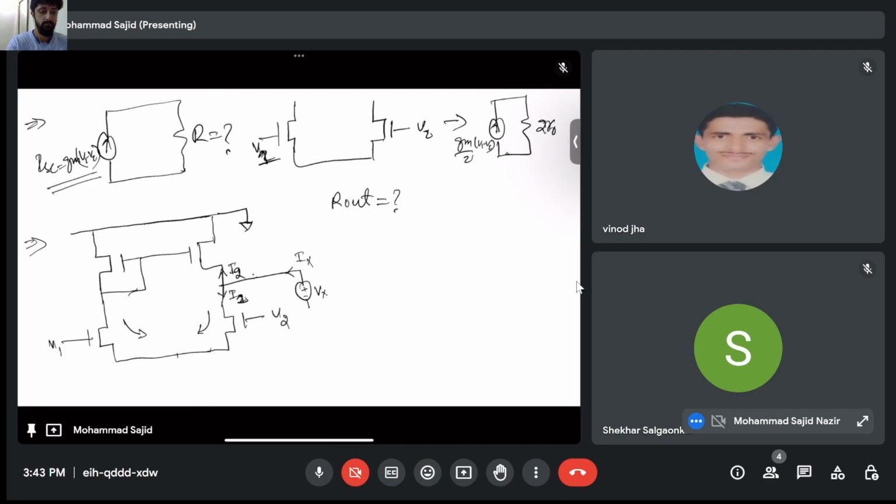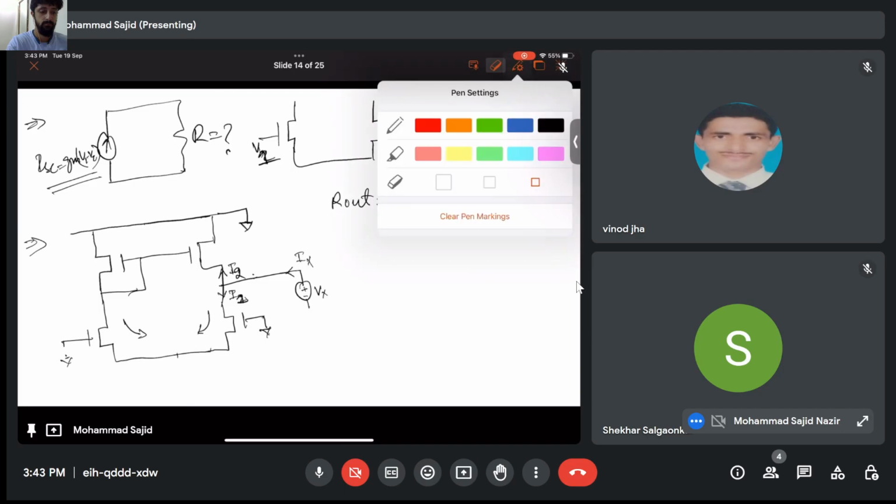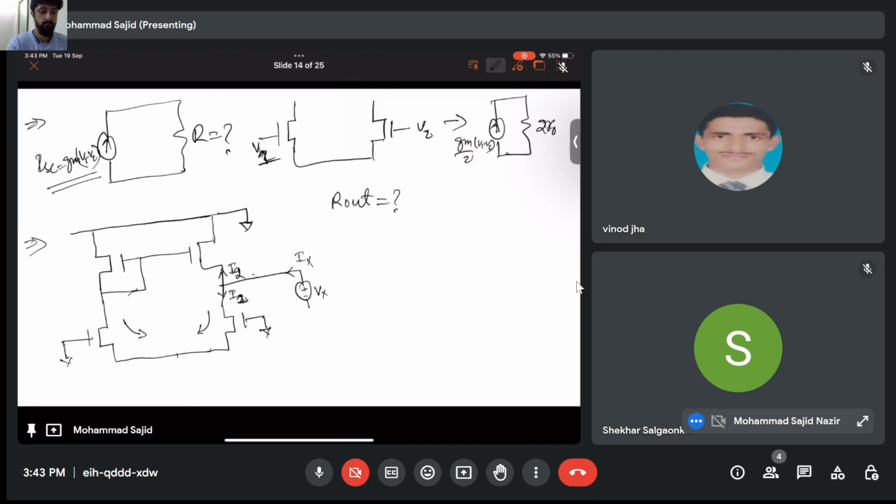So now see that V2 is grounded for calculation of R out, and when you have to calculate R out, you have to ground the other sources. So I have grounded them.